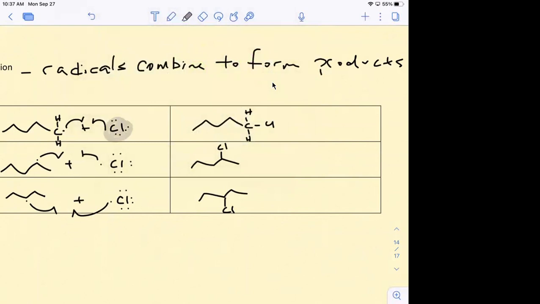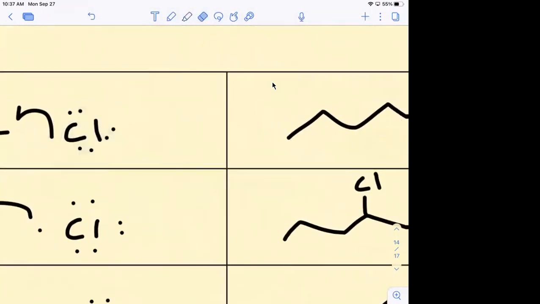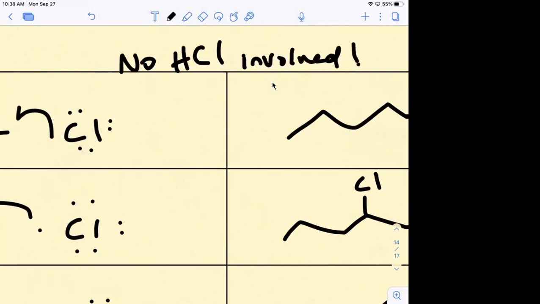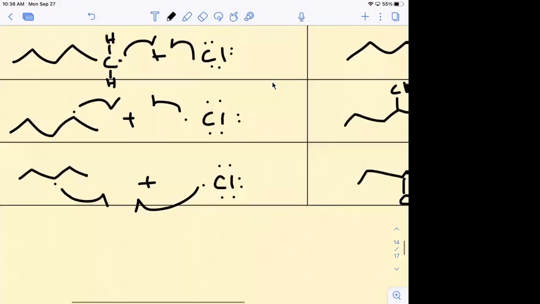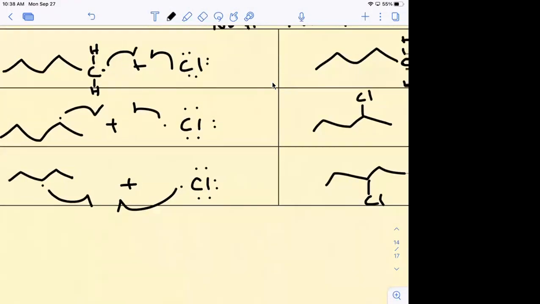There's no HCl involved in this step. Right, that's a common mistake that I see with these radical mechanisms: for the termination part, people will put in HCl as the terminating partner, and that's not true.